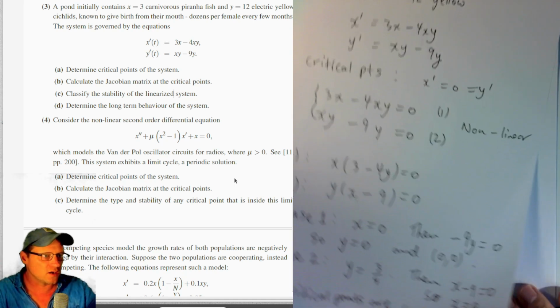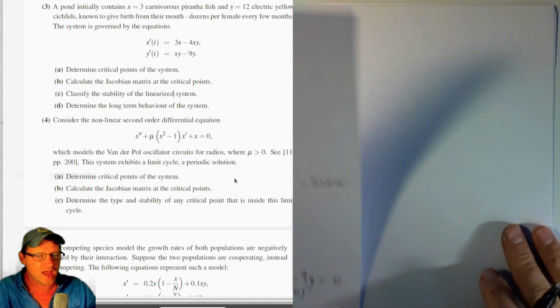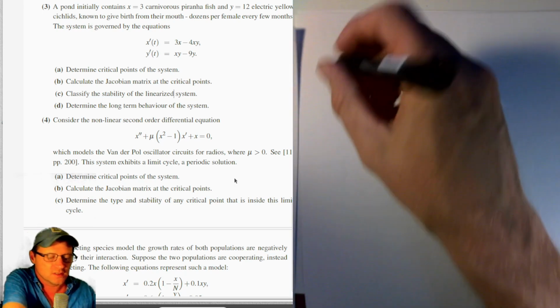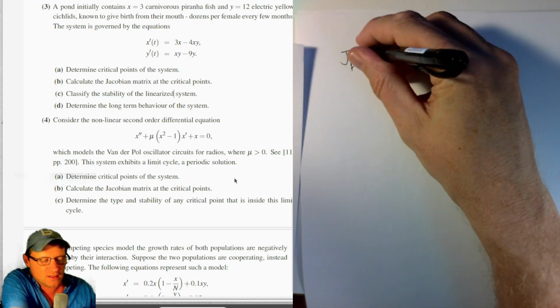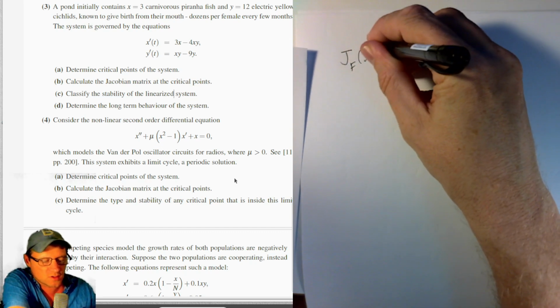So next, we want to calculate the Jacobian matrix at each of our critical points. So I write the Jacobian matrix like this: J_F at the critical points.